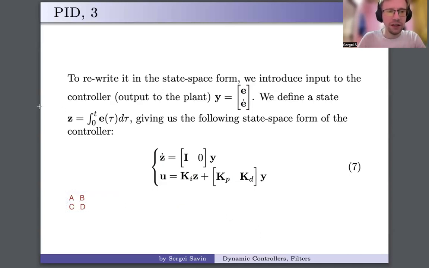Like this matrix is nowhere to be found. It is 0, right? Whereas the B matrix here is this I 0 selector matrix. The C matrix is Ki, and finally this D matrix, the feedthrough matrix, is Kp Kd.